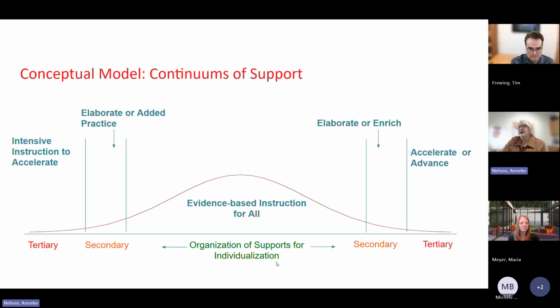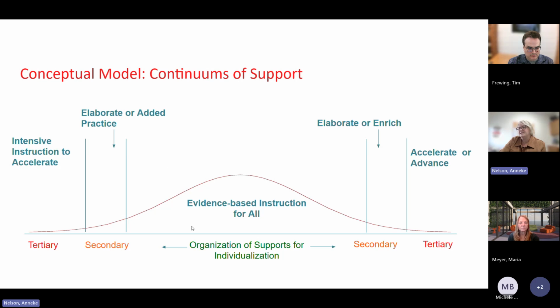When we look at our continuum of supports, we're looking to provide support across all of those needs. We want evidence-based instruction for all students, where the majority are able to access it and be successful.